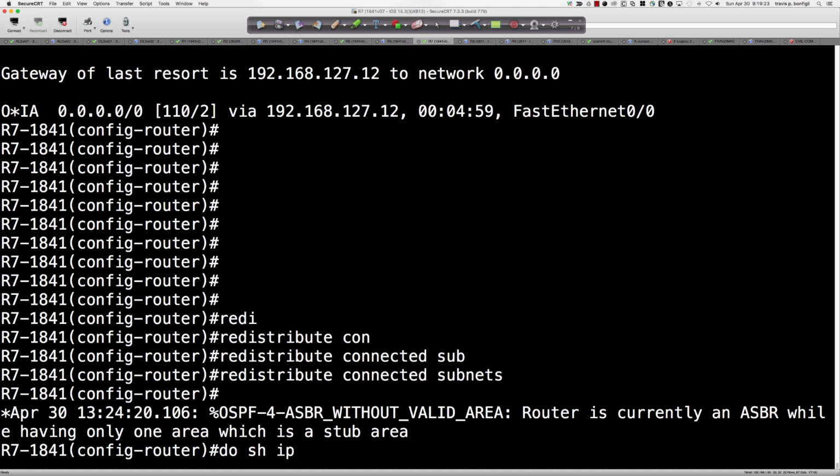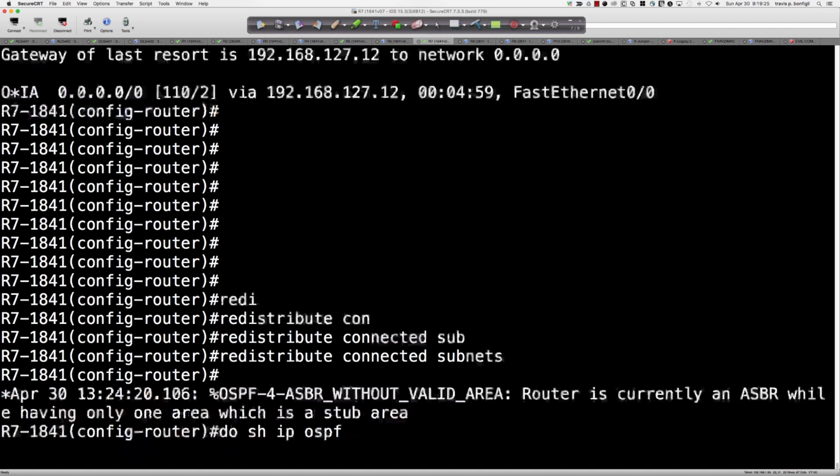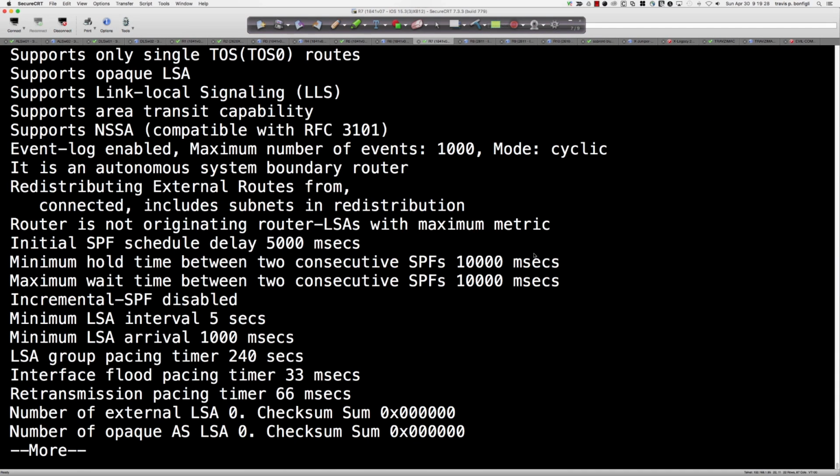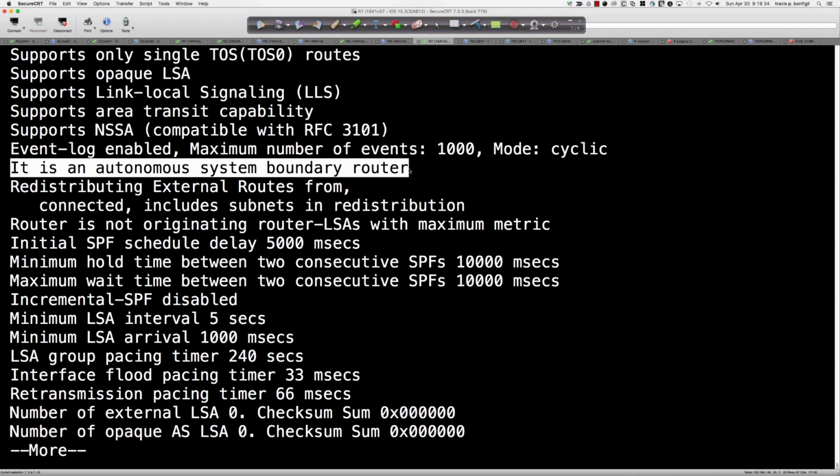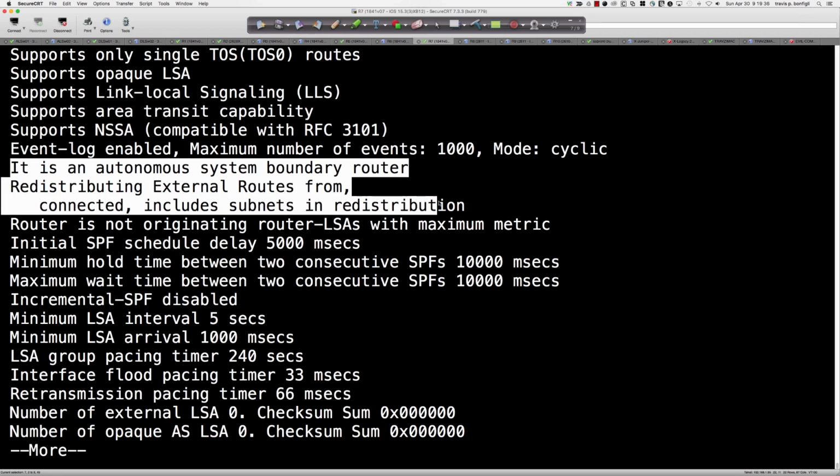In fact, let's say do show IP OSPF, and you can see right here on router 7, right, it says is an autonomous system boundary router. And you can see here, and this is interesting, where the show IP OSPF command thinks that it's an ASBR, even though we were just told that it can't be an ASBR.